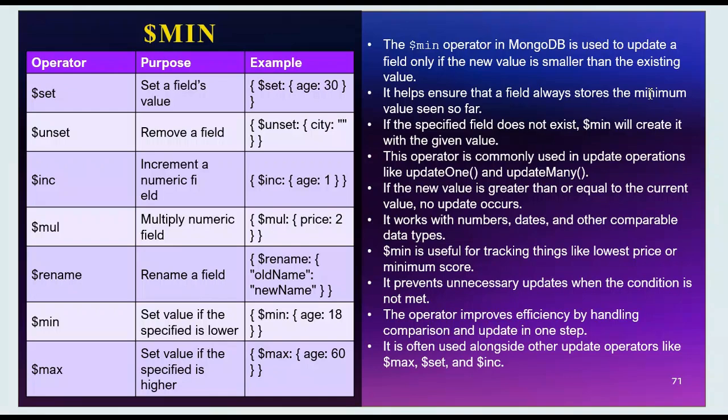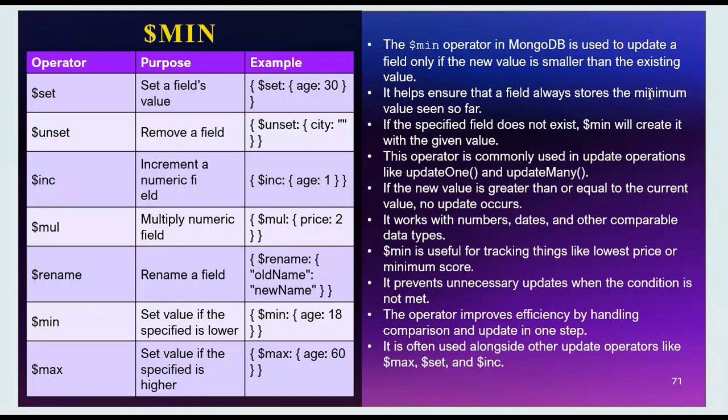This operator is commonly used in update operations like updateOne and updateMany. If the new value is greater than or equal to the current value, no update occurs. It works with numbers, dates and other comparable data types. Minimum is useful for tracking things like lowest price or minimum scores.